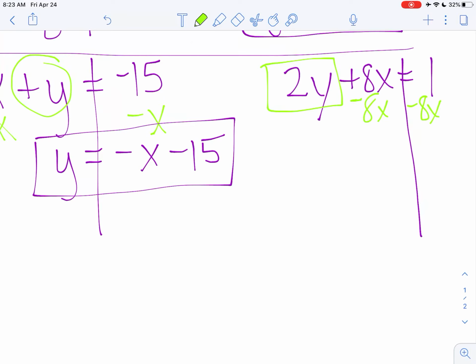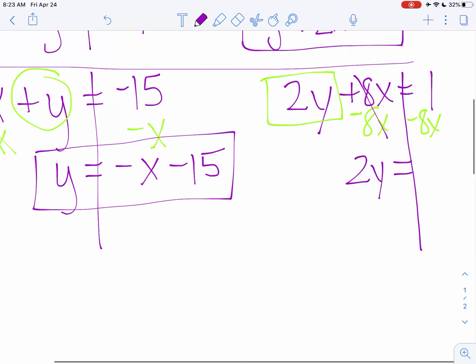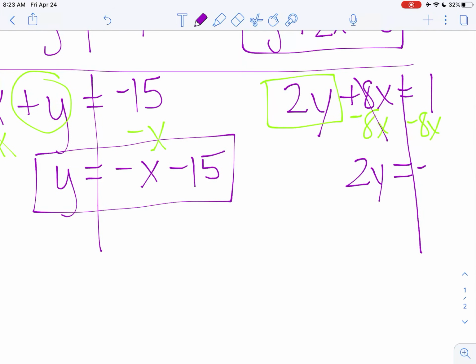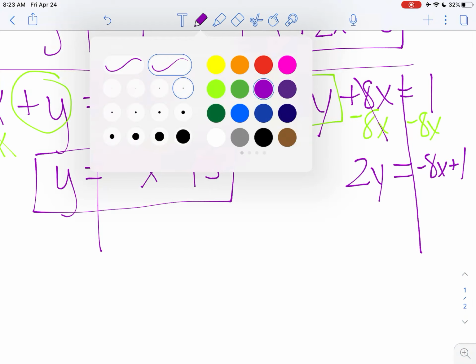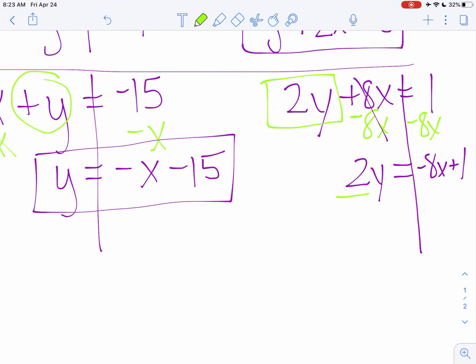So that leaves me with, that goes away, it cancels out. I would have a positive 2y is equal to negative 8x plus 1, because that's a positive 1. Then I have to make sure that I divide each term by the coefficient of y.